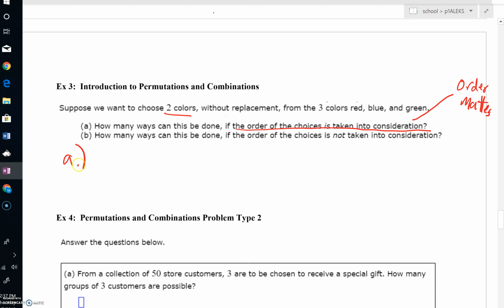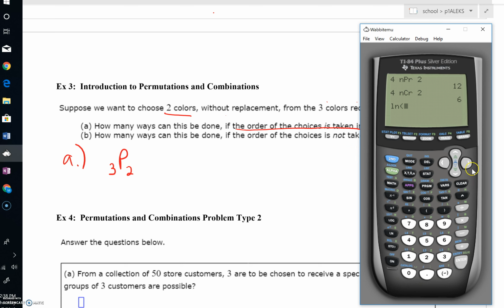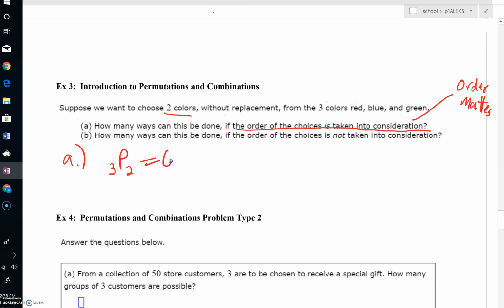So that's going to be the P. We're going to say we've got 3. You always take big number first. You're going to say from 3, let's choose 2. So what will that look like? Well, we'll go 3, Math, come over here, bring down our nPr, and we'll get a 2. That's going to be 6. So we've got 6 different ways that can happen.